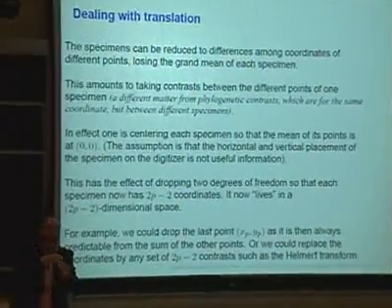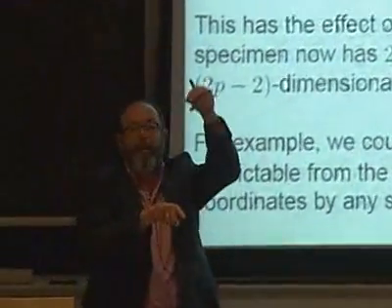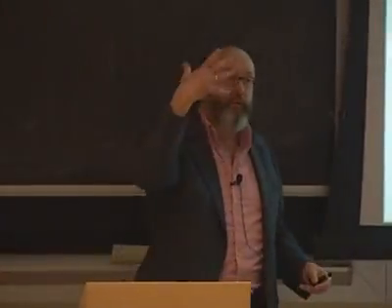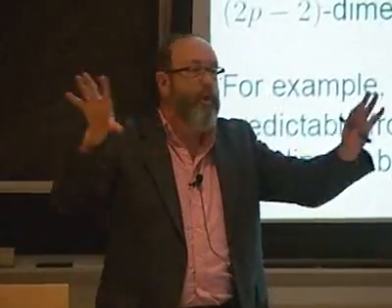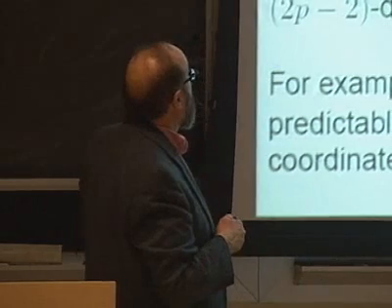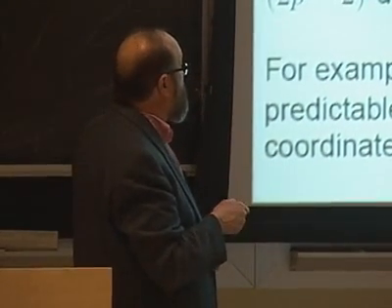And for vertical positions, take, say, the bottom tip of the bottom fin and measure how far above that everybody is. There are p minus 1 of those. So you've thrown away 2 coordinates, and now you're working with the differences between them. You don't have to do a superposition. That's fine, and there are various ways of doing it. You end up with 2p minus 2 coordinates.